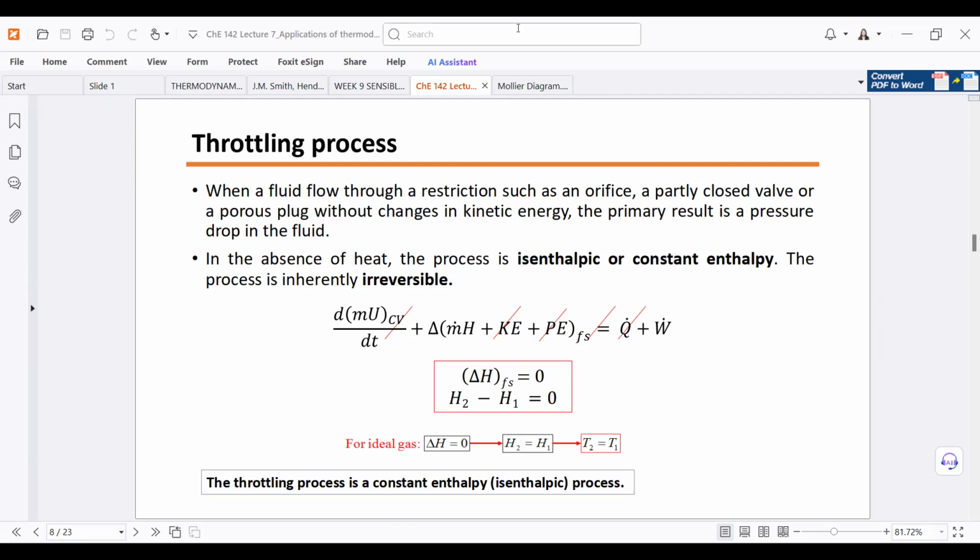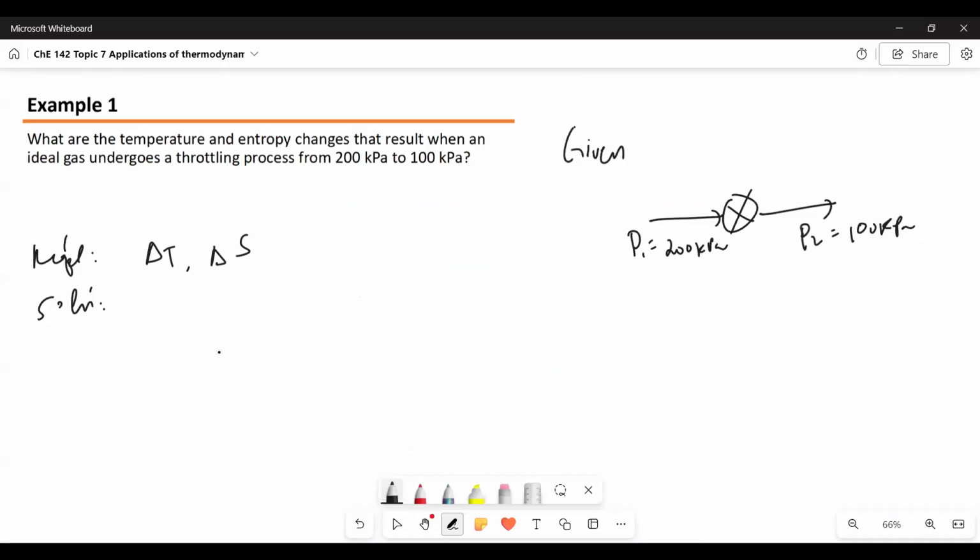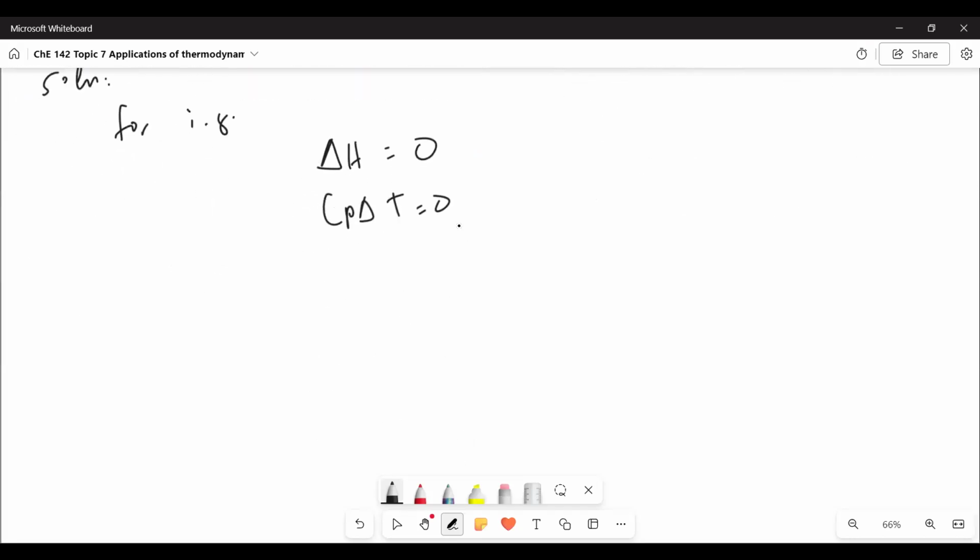So let's write that on our whiteboard. Given that this is an ideal gas undergoing the throttling process, delta H equal to 0, and for an ideal gas, delta H is Cp delta T equal to 0, so that means delta T is 0.